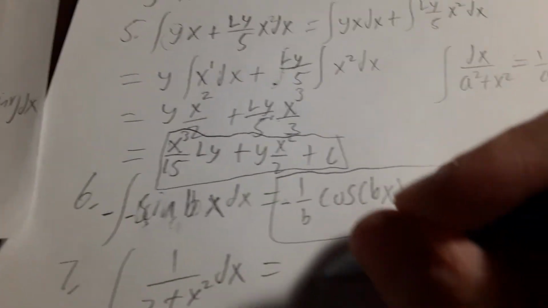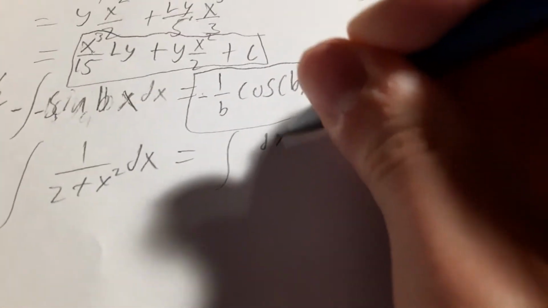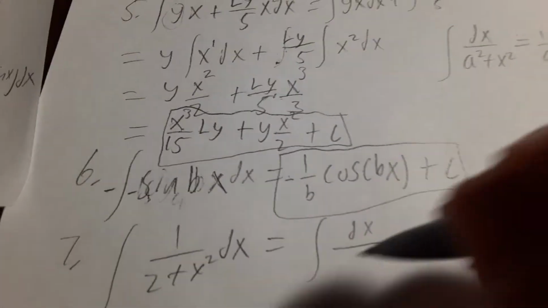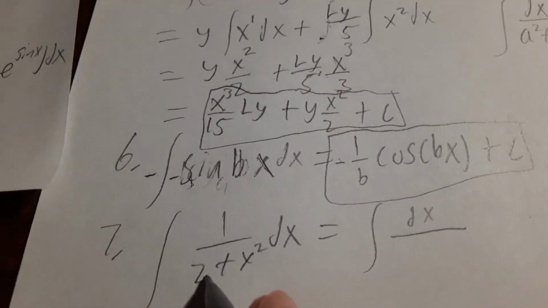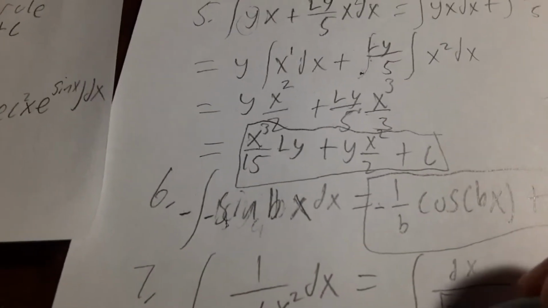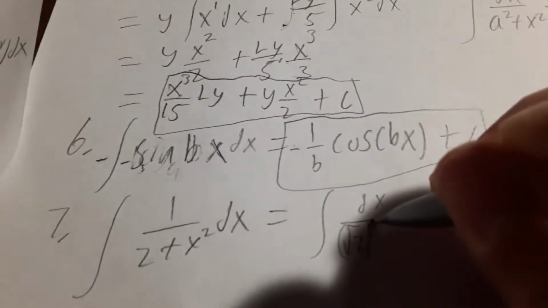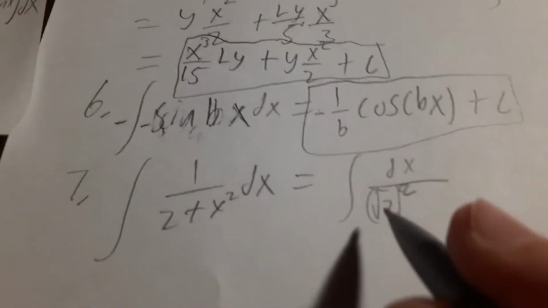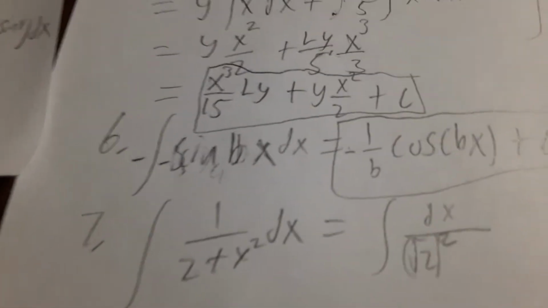So for this case, we'll first rewrite it in this form. This can equal the integral of dx over, this represented as a square would be the same, so 2 is the same as the square root of 2 squared. I'll put that in parentheses to emphasize it. The square root of 2 squared is just 2.